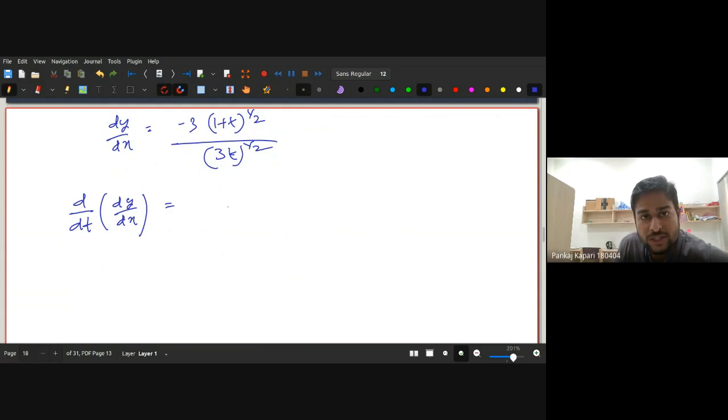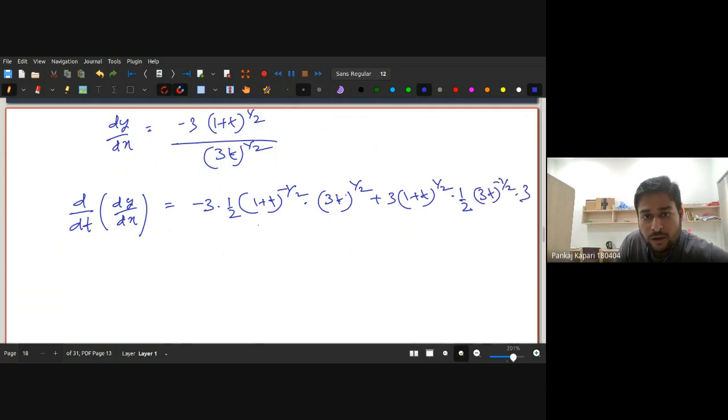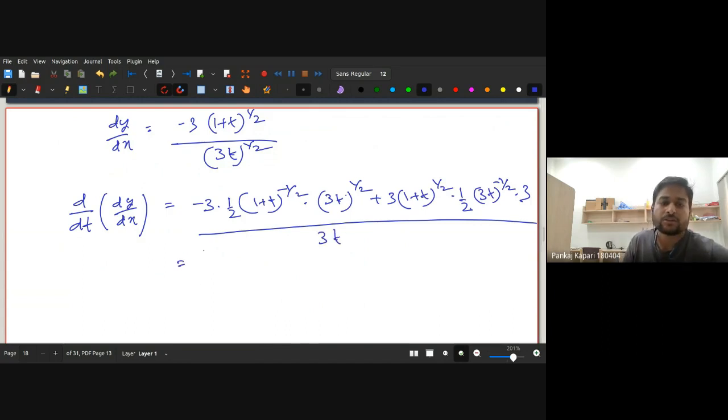What does the quotient rule say? Differentiate the function in the numerator, which gives minus 3 into half (1 plus t) to the power minus half, then multiply by the function in the denominator and subtract, and in the denominator you will have the square of 3t.